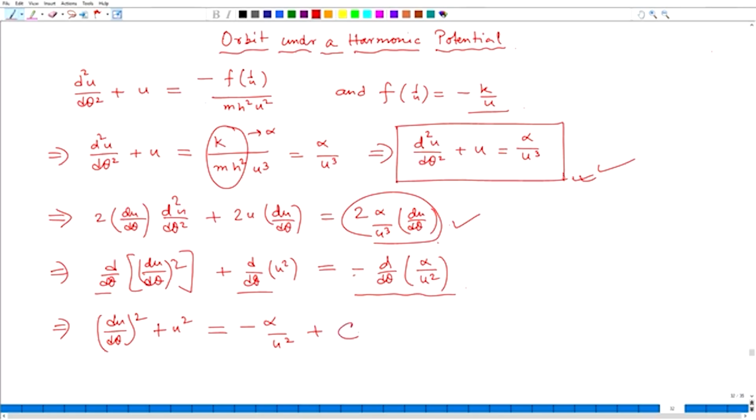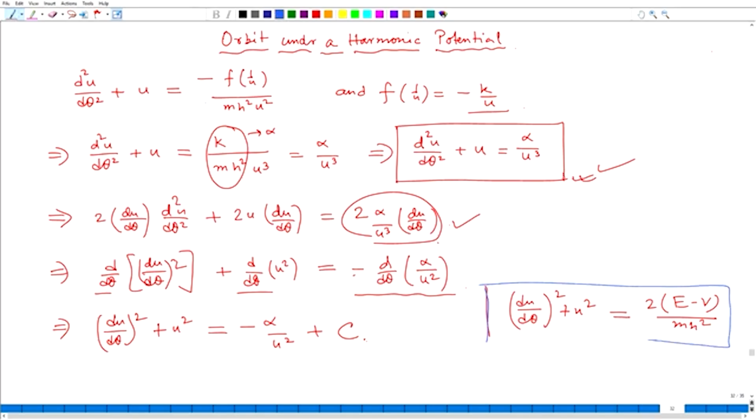Now, if you remember the conservation of energy for an arbitrary central force, you can show that (du/dθ)² plus u² is equal to 2(E minus V)/(m h²). This is the general definition for an arbitrary central force law.